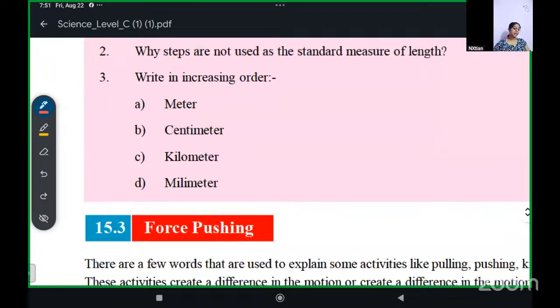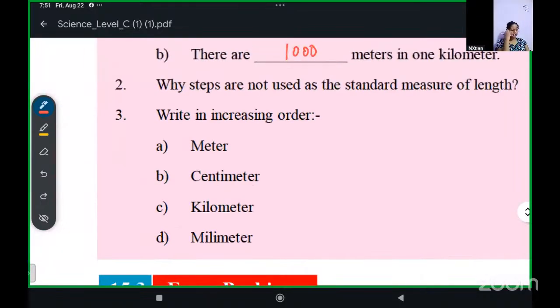Now, write in increasing order. Write the biggest, then the smaller one, then the one which is smaller, then the smallest. Can you do that?